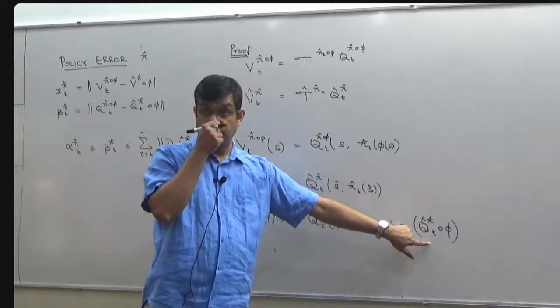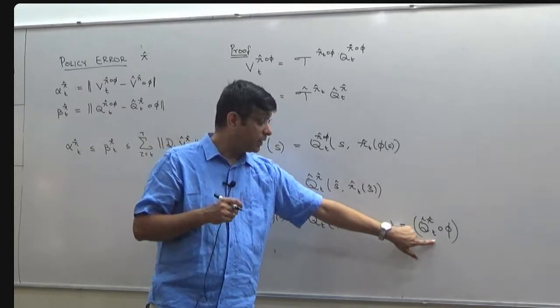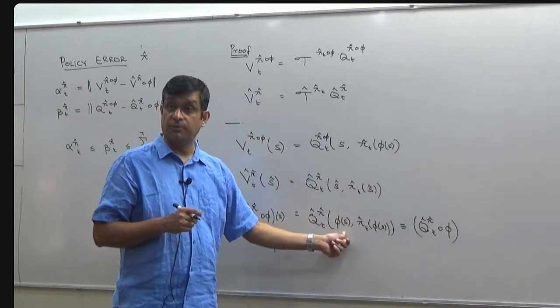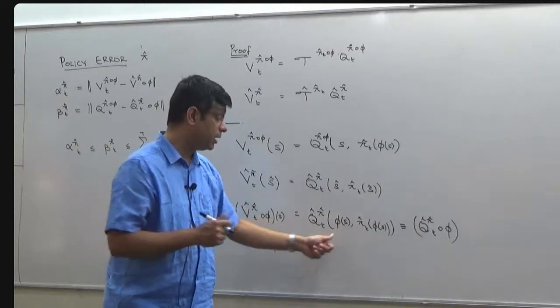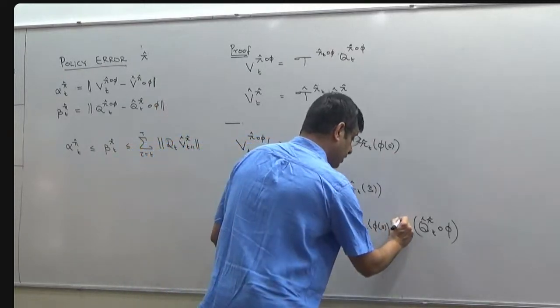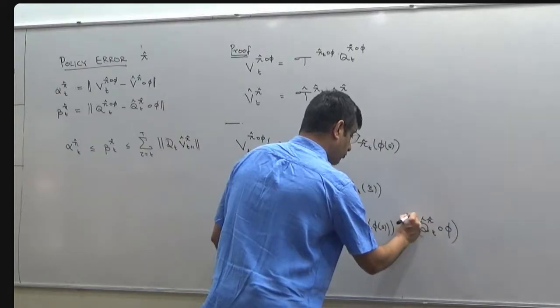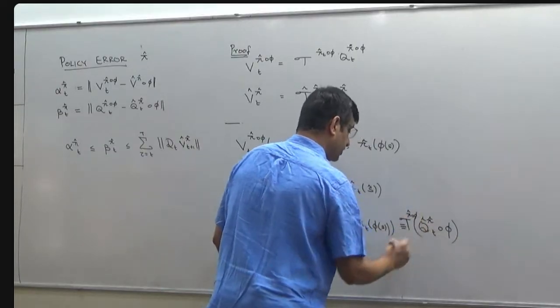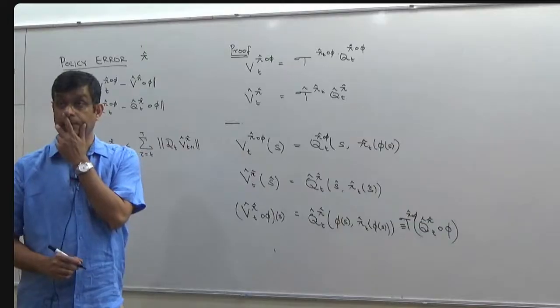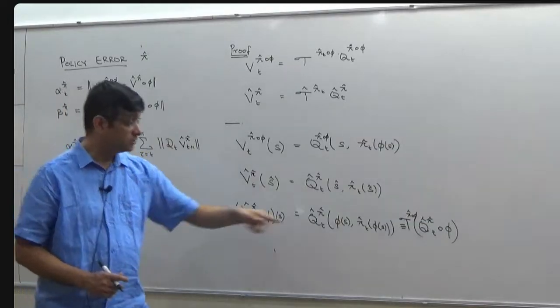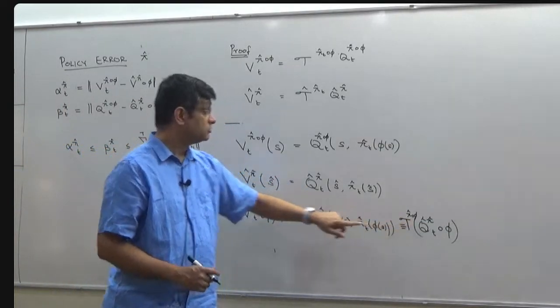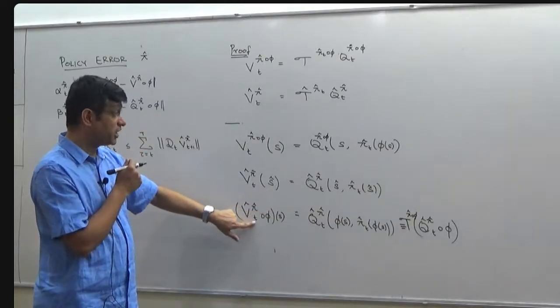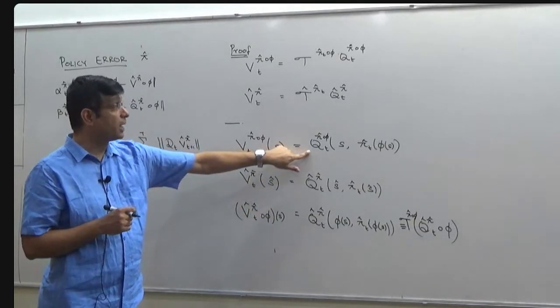Remember, when I compose something with phi, it only affects the first component, not the second component. And the second component is the operator of pi hat composed with phi applied there. Right? The action that I pick is according to this policy.